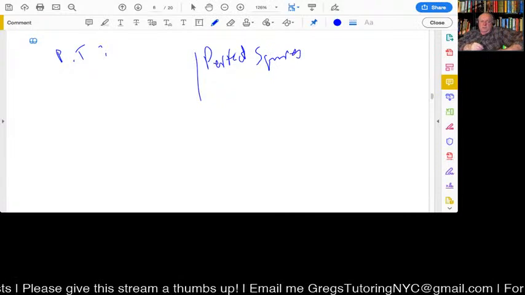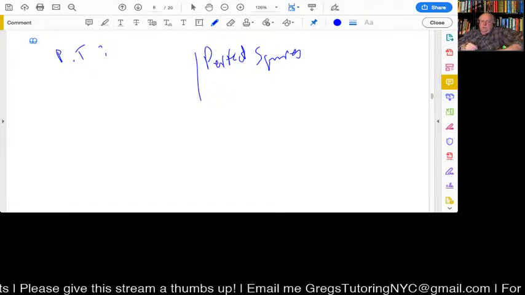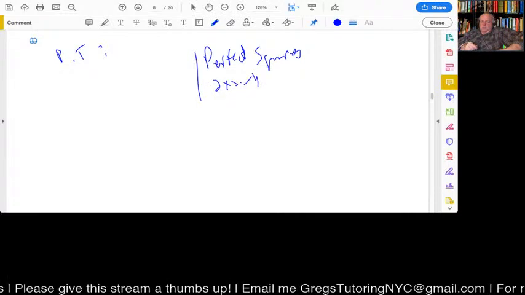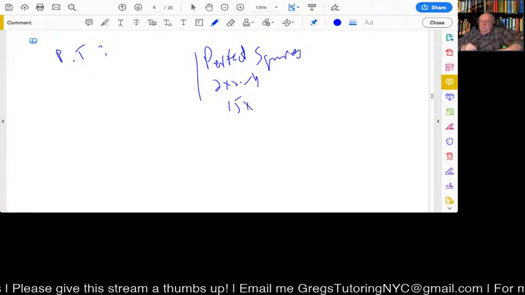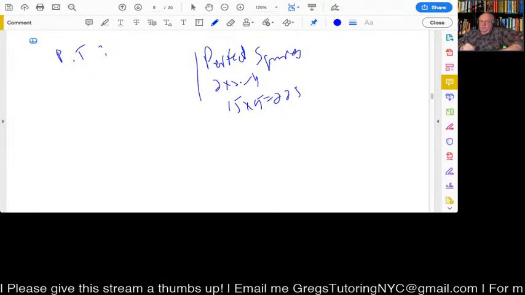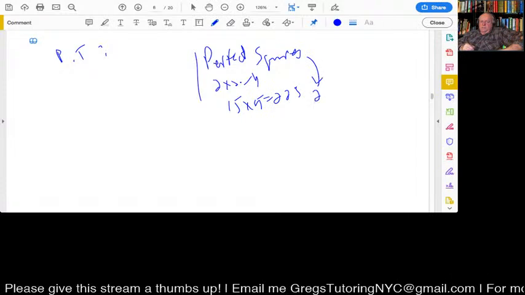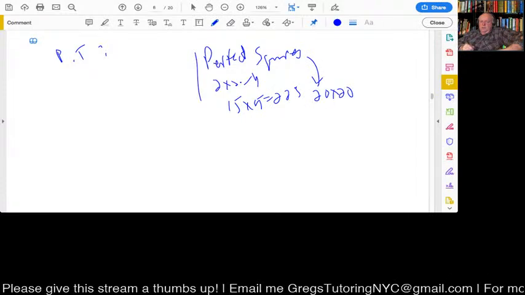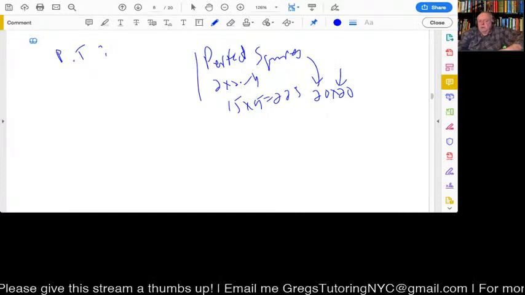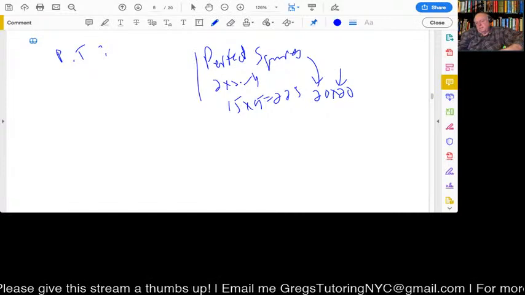Perfect squares are like 2 times 2 equals 4. You could also have like 15 times 15 equals 225. You should know your perfect squares up until 20 times 20. If you don't, I would look at those once a morning on a table that you either handwrite or that you can print out. Okay.